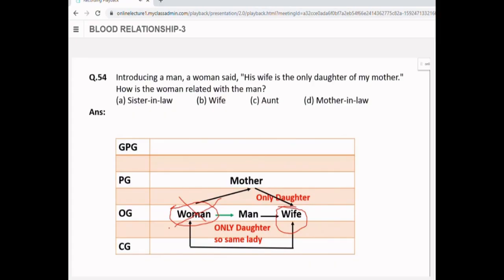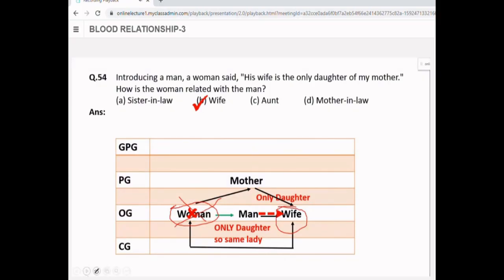Now, the relation between that man and that wife. So it's wife. So that word only was important here. If the word only is not there, then there will be two of them, the woman separate and that wife separate. Here, the woman gets cancelled. I'm showing that the woman is cancelled.